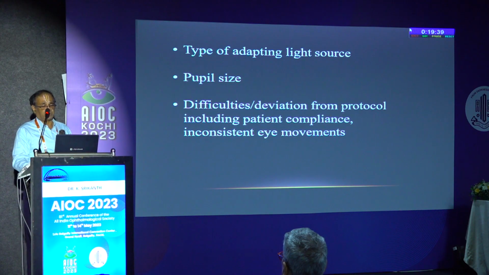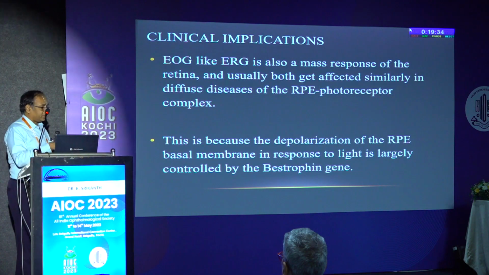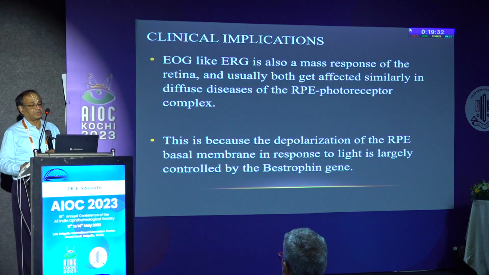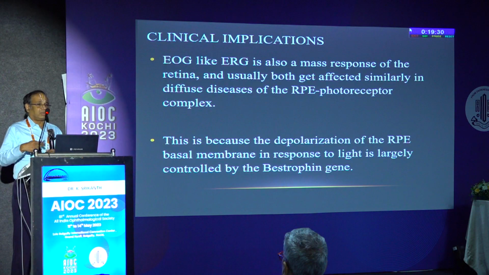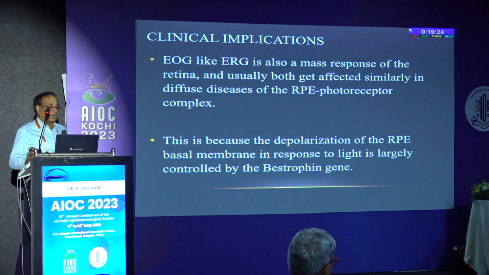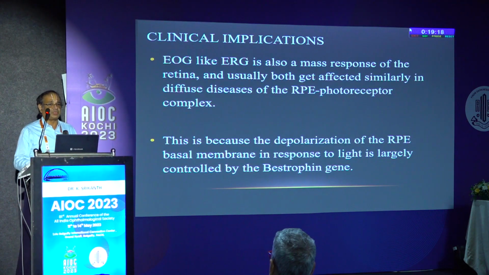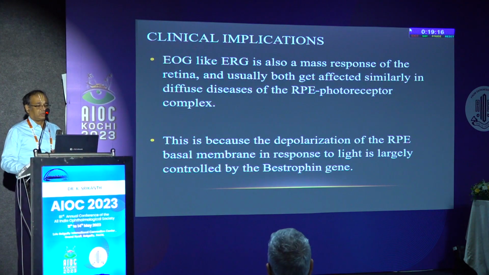Deviation from the standard protocol can result in variations of these recordings. So again, this is a mass response which you will get when the RPE photoreceptor complex is affected. You cannot differentiate whether this is due to this or that.